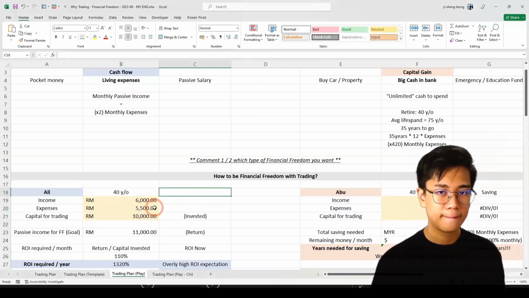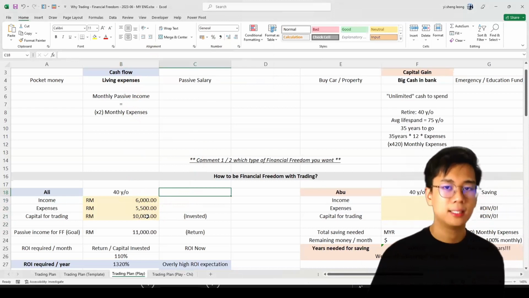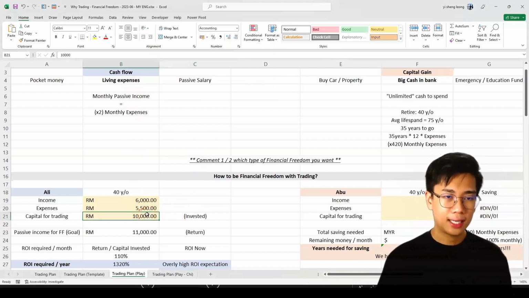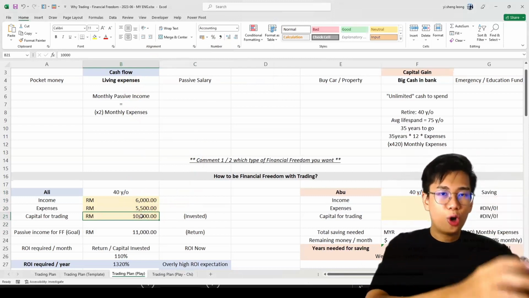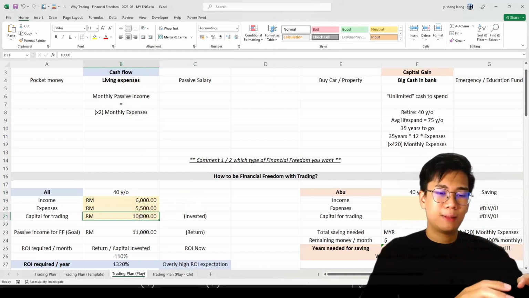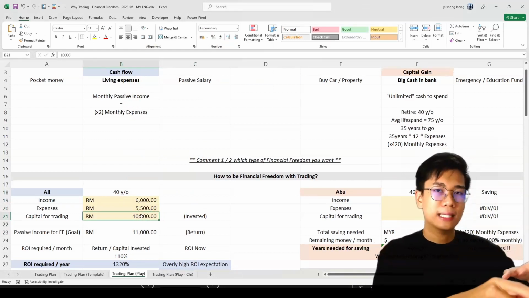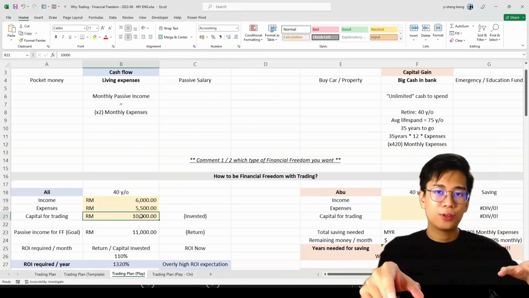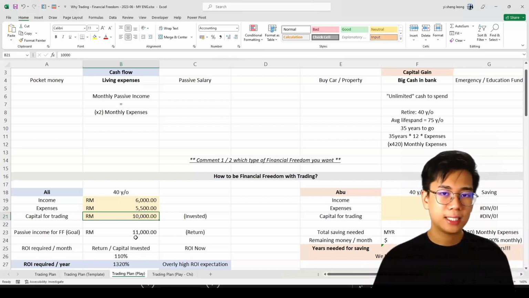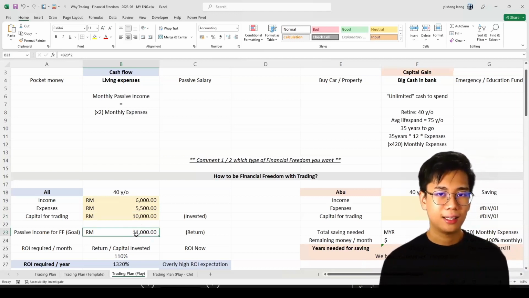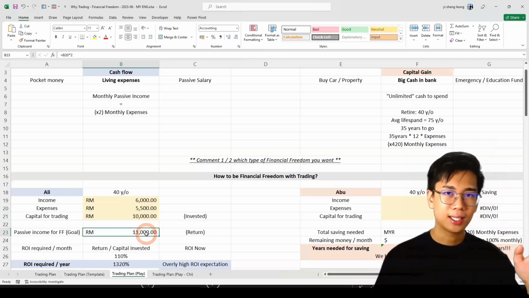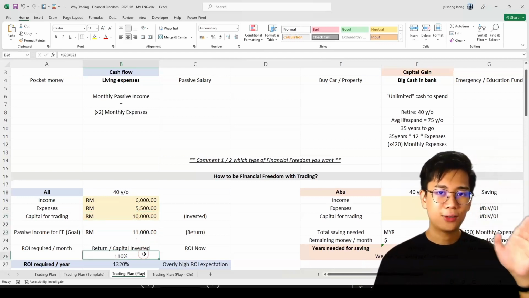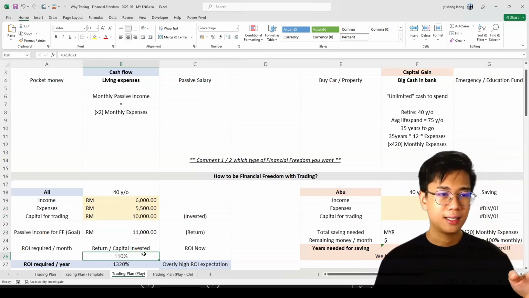So you take this 10,000, go do the investment, and you hope that every single month it gives you 5,500 for your expenses and an additional 5,500 for your savings. That means every single month you aim to get passive income of 11,000. You invest 10,000, every month you aim to gain 11,000. That is an ROI of 110% monthly.